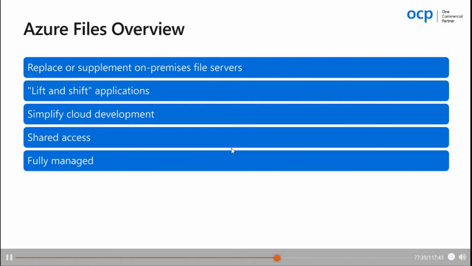Azure Files is pretty good for lift and shift applications, and it's very useful for this. Imagine that you have an application on-prem and you need to migrate that application to Azure. And that application is expected to find a file share on the server where it is running. Well, we know that we don't have the traditional file shares in Azure.